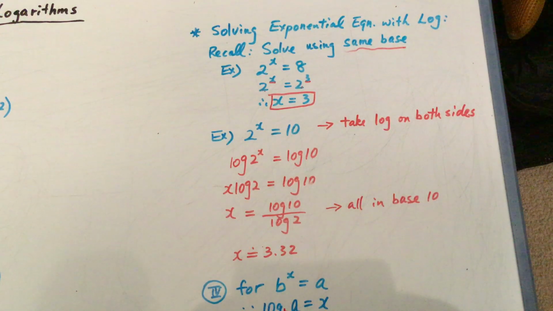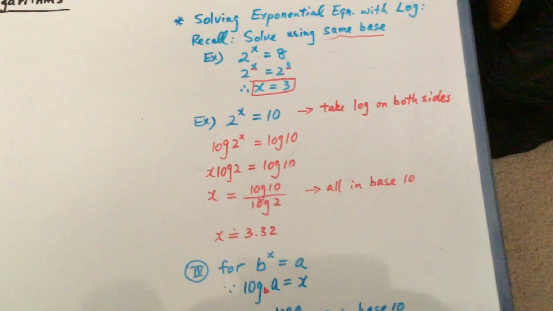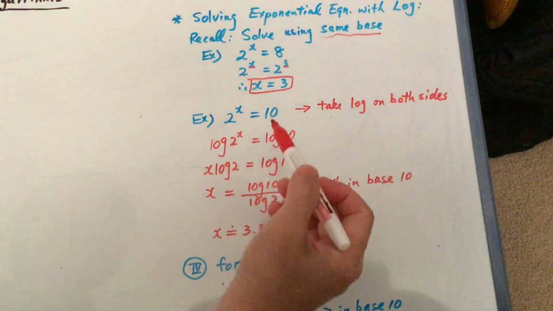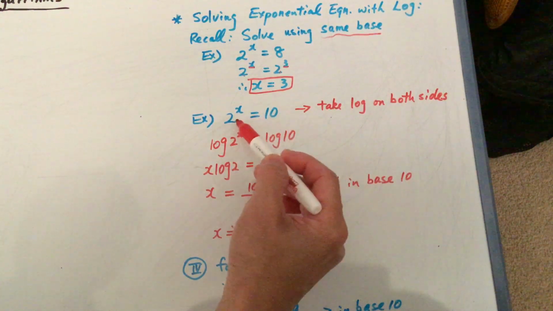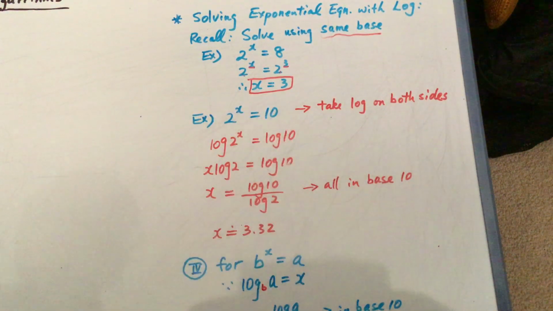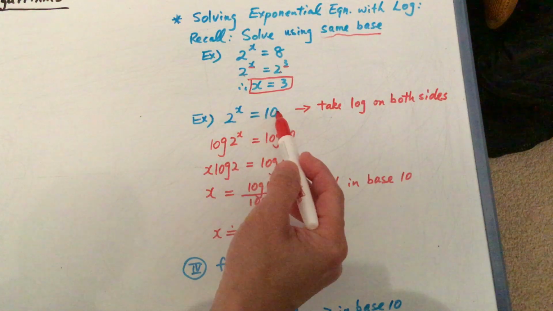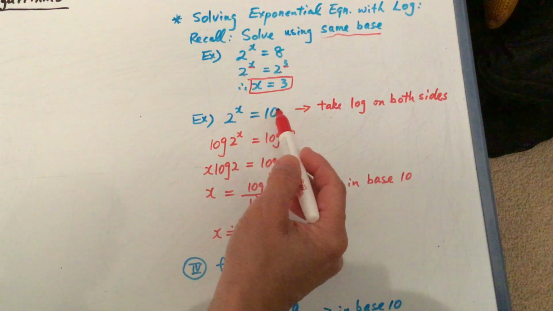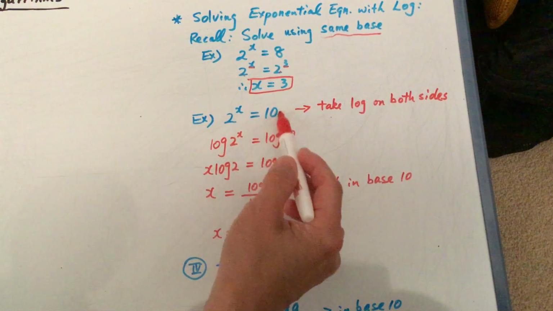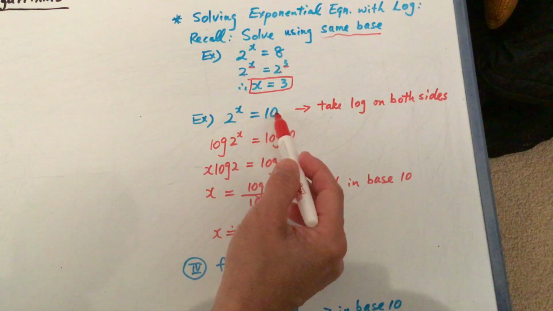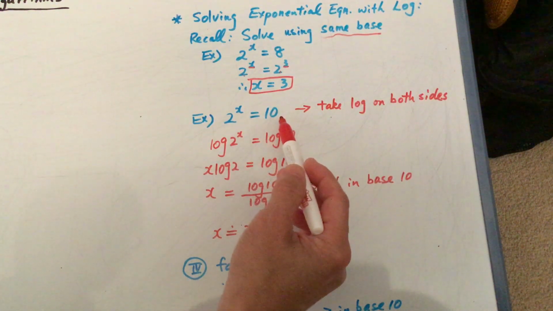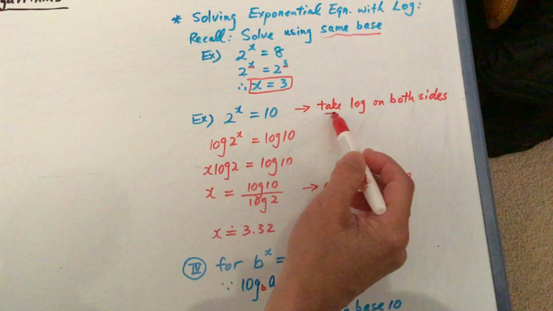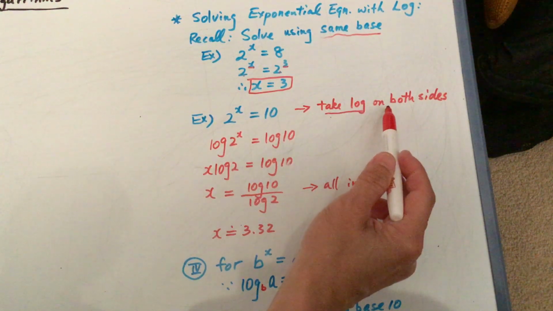However, sometimes you get questions where you cannot turn the other side into the same base. So in this particular example, 2 to the power of x equal to 10. And we know for a fact that we cannot change the 10 into the base of 2. So what are we going to do? Well, then I'm going to take the log on both sides.